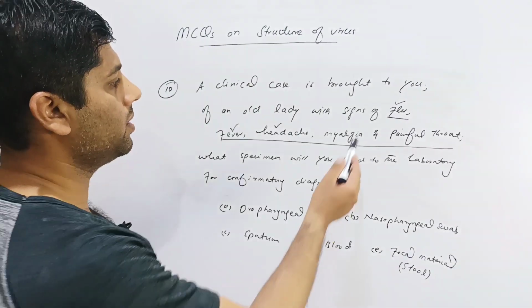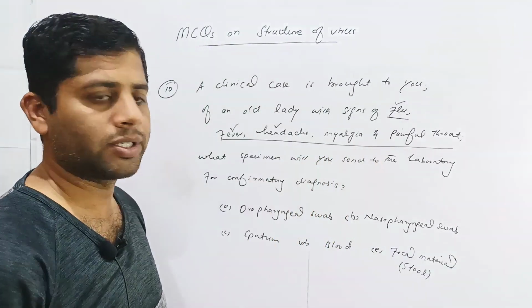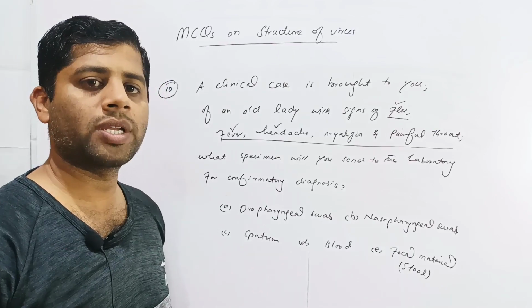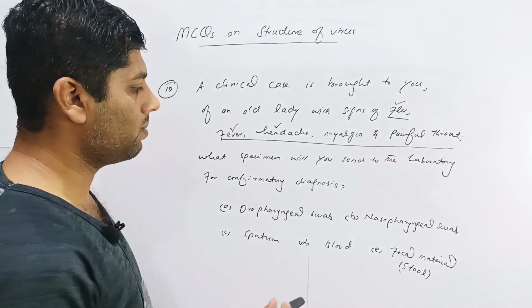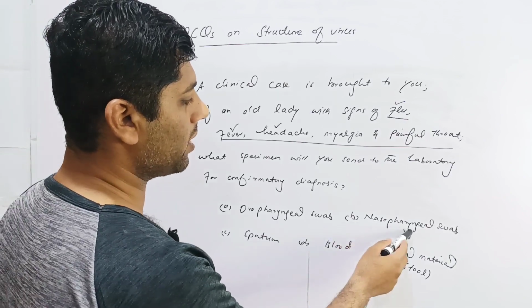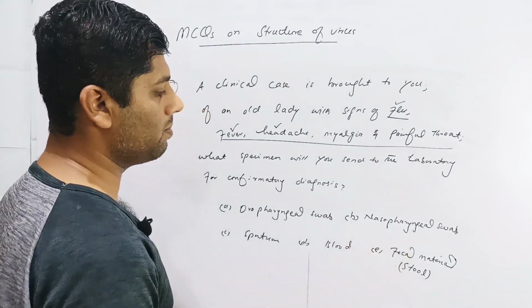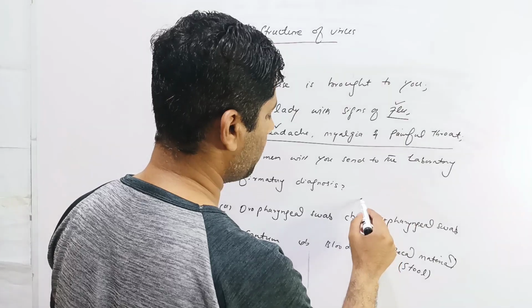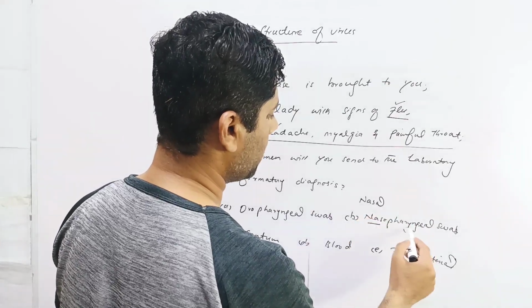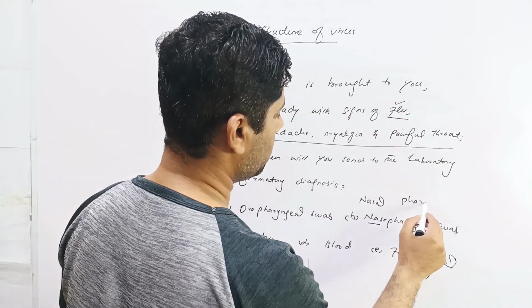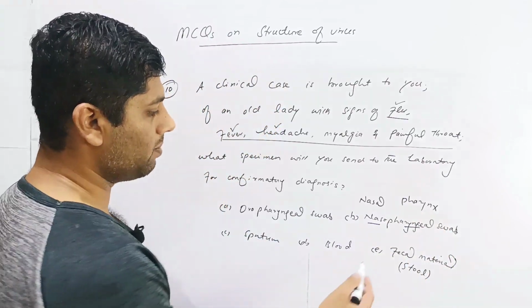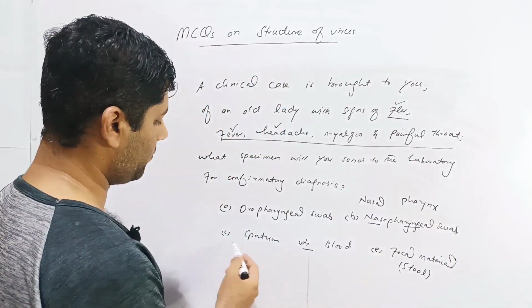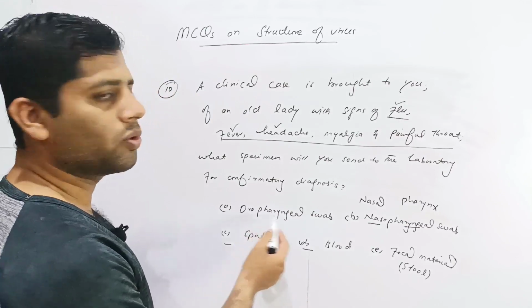The clinical case is indicating a respiratory tract infection, so the concentration of virus will be maximum in the respiratory tract. The swab from the nasopharynx, nasopharyngeal swab, means that the swab is taken from the nasal cavity and pharynx. It will have the highest concentration of viruses as compared to blood, sputum, or oropharyngeal swab.